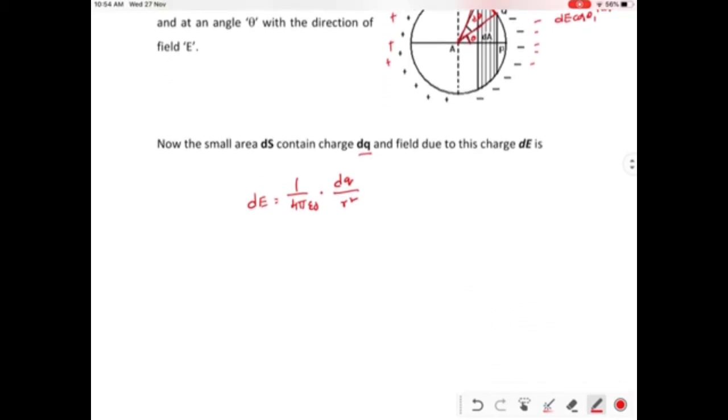The external electric field is in this direction, and our electric field is in this direction, which means it is making theta angle with the external field. So, this is dE, and we resolve dE into two components, and polarization is also making theta angle. So, we resolve dE and P into two components: dE cos theta and P cos theta.